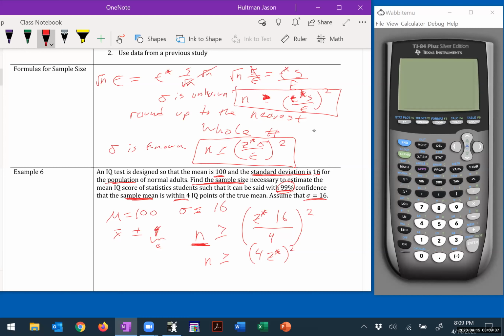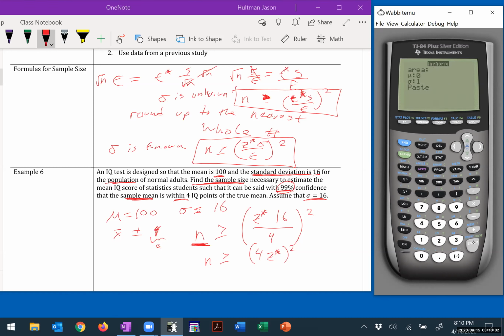Now I need to know, what's z star for 99%? If you don't remember it, that's fine. I think it's 2.56, but we can easily go back in and figure it out using inverse norm. Again, what's the area?